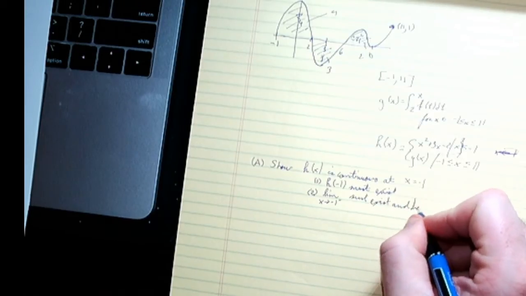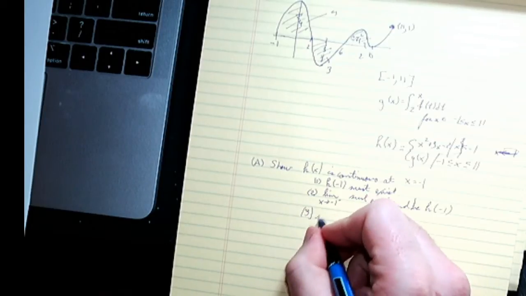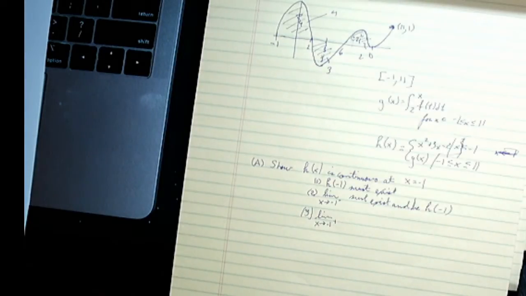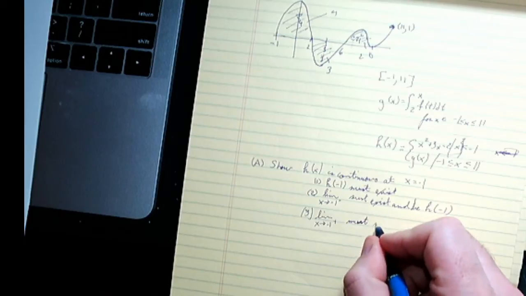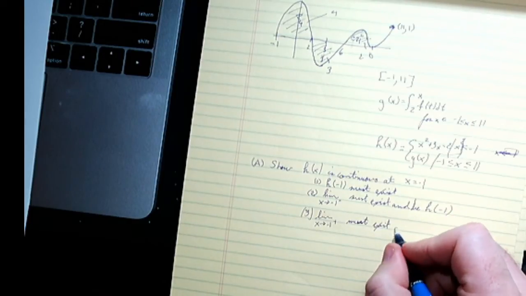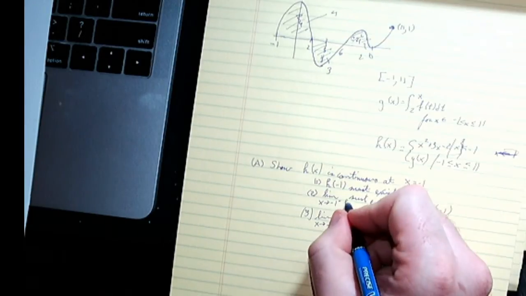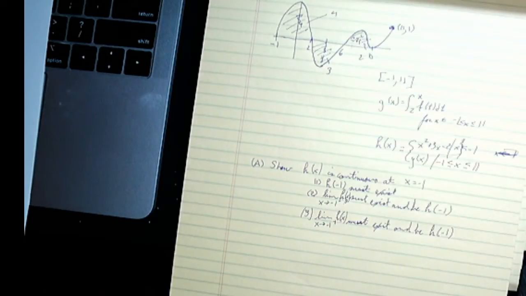And third, the limit as x approaches minus 1 from the right must exist. So the function must have a limit to the left, it must have a limit to the right, it must exist at the point, and all three have to agree.